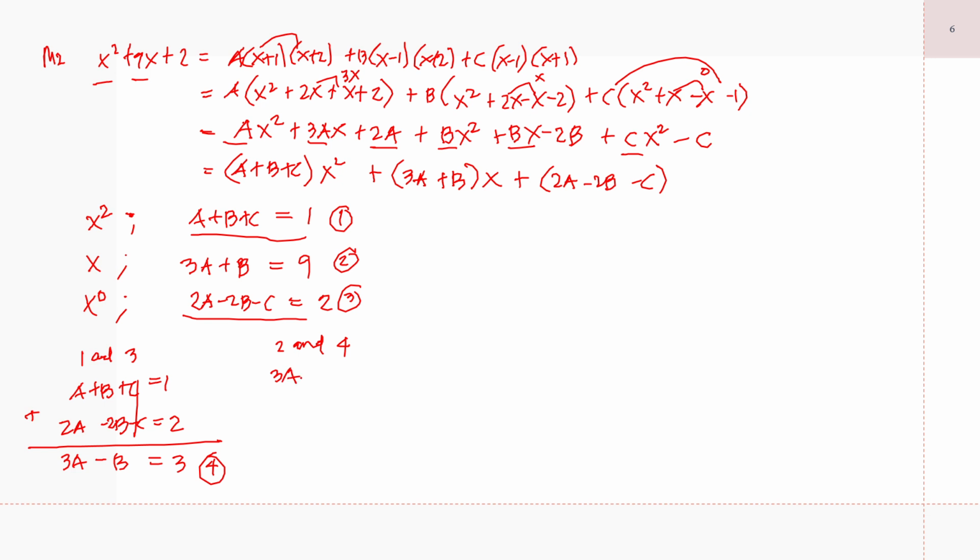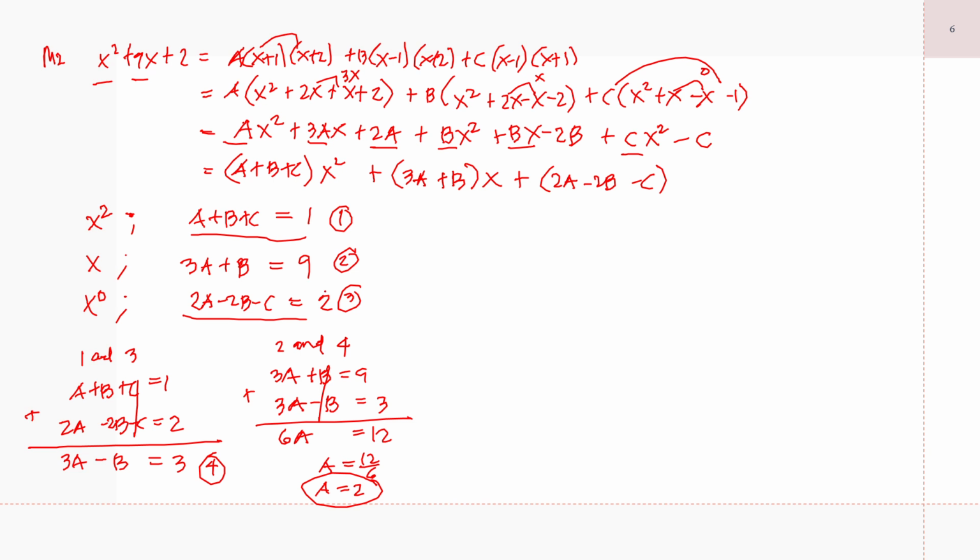So 3A plus B is equal to 9, and 3A minus B is equal to 3. So add, this is 6A, 0, this is 12. So our A is equal to 12 over 6, which is equal to 2.